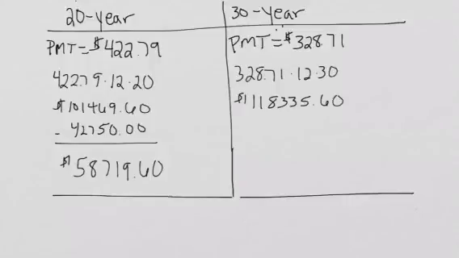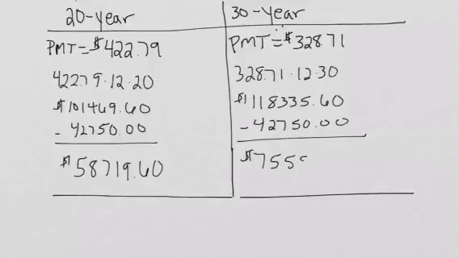All right, again, remember, we only borrowed $42,750. So again, if we subtract these two amounts, that's going to give me my total interest of $75,585.60. So that's your interest for each one.